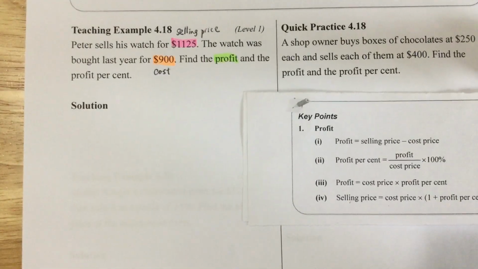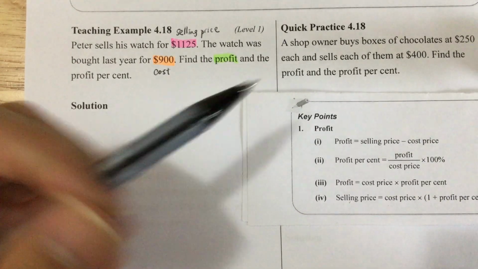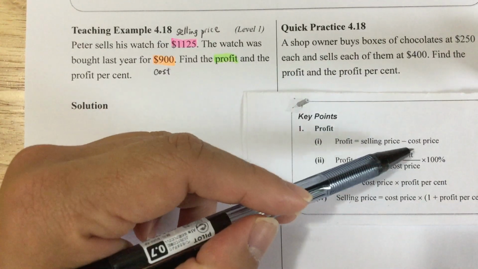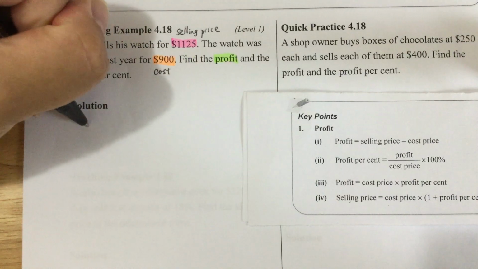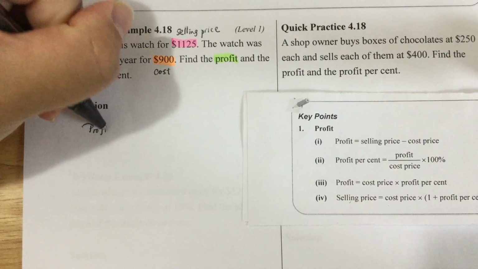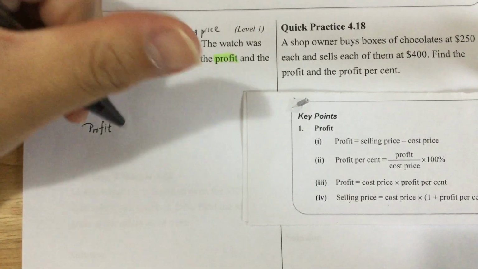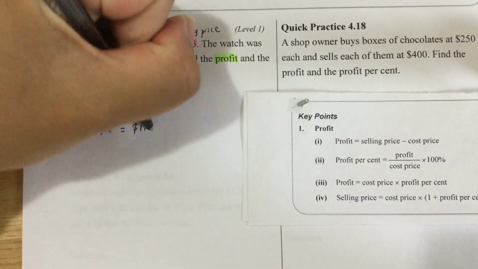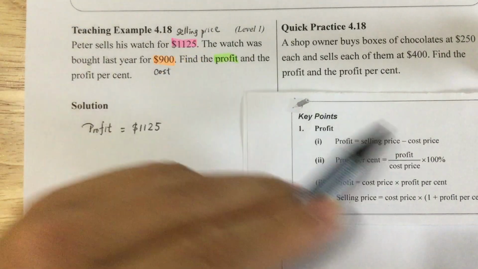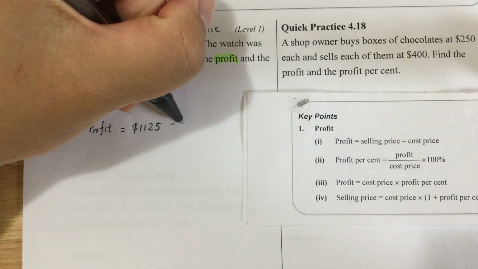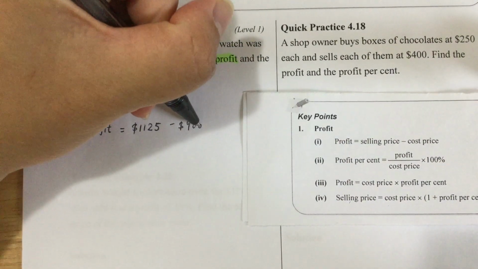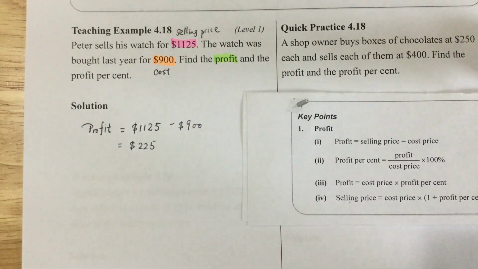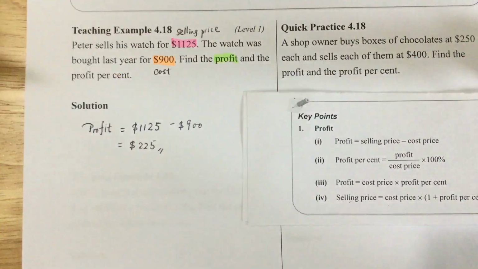For question number 1, you will have profit equals selling price minus cost price. So profit is $1,125, the selling price, minus the cost price, that is $900. So $225 will be the profit you have.